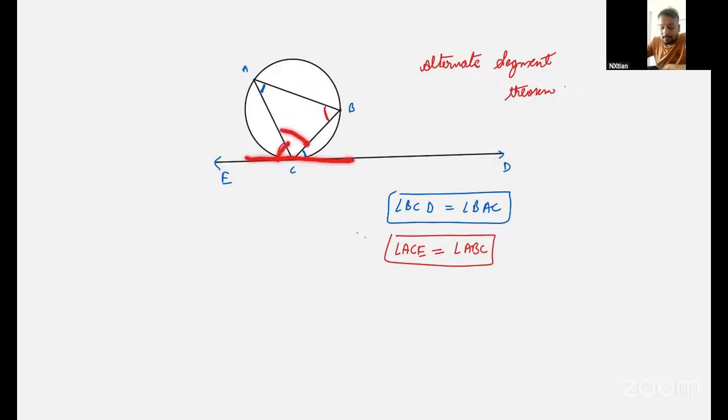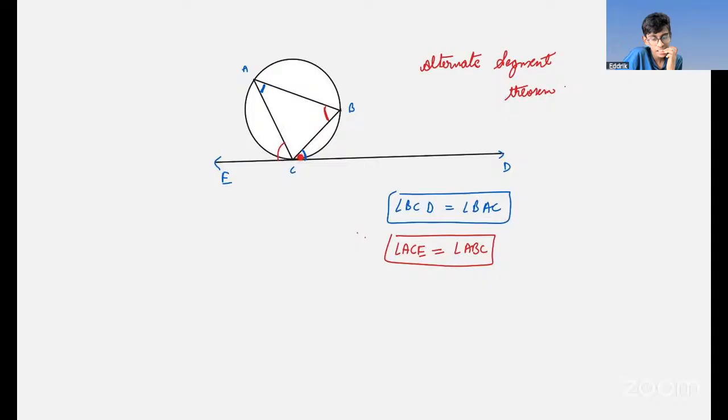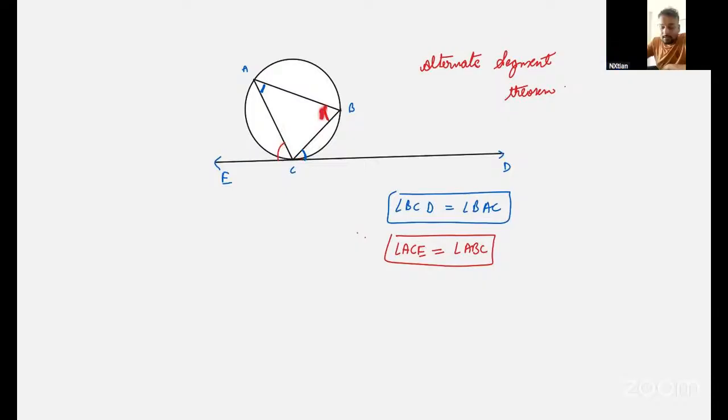This angle plus this angle plus this angle, all will make 180 degrees. So we can conclude that this plus this is 180, like it's a triangle. Or we can conclude that this plus this is also 180, because it's a linear pair. Got it? Okay.